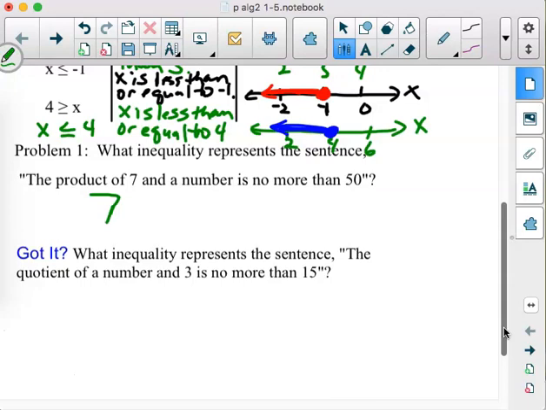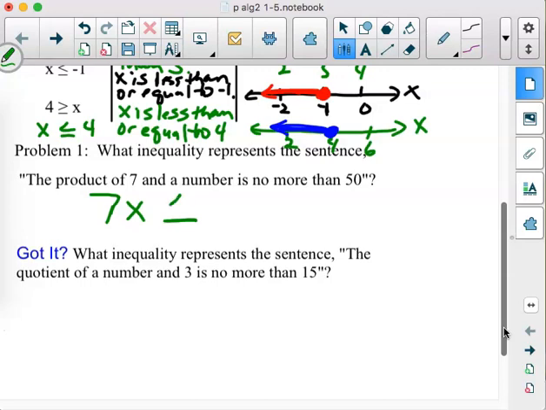So we get to use whatever variable we want. I'm going to use an X. Here's where it gets weird. Is no more than 50. Okay, so question. Could it be 50? It's okay to be 50, so it's going to need an equals bar. Can it be less than 50? Yeah, because it said no more than 50.